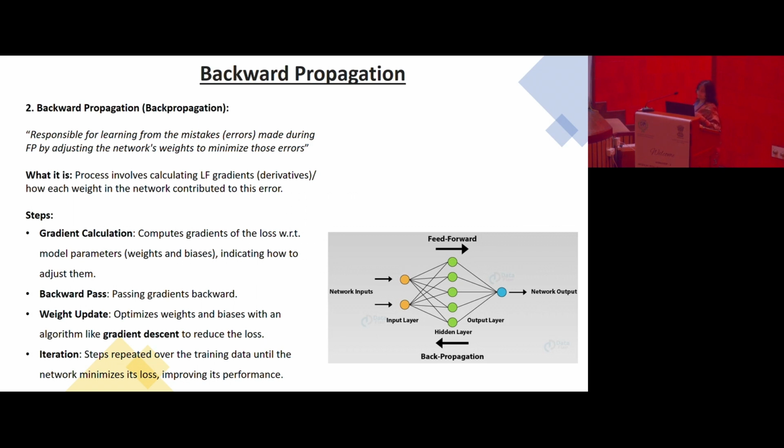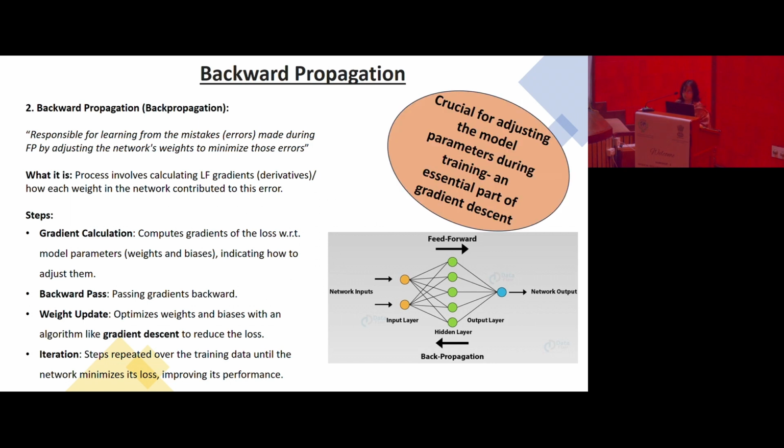This step is repeated again and again on the training data to minimize the loss, thereby improving the performance of our model. So the adjustment of the model parameters, that is weights and biases, during training is very crucial and is an essential part of gradient descent.